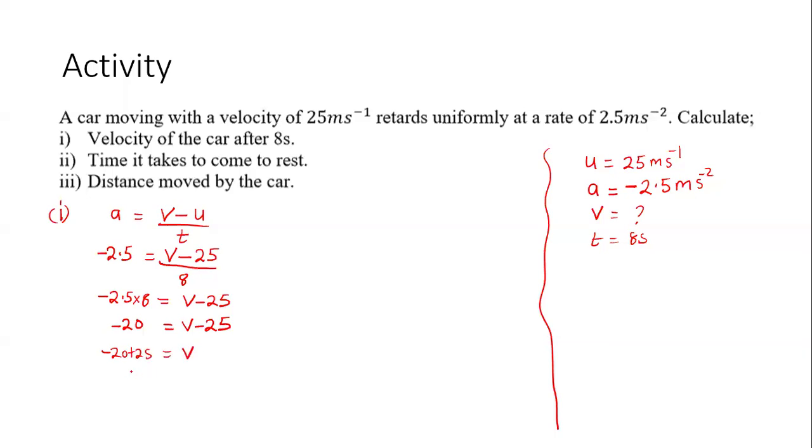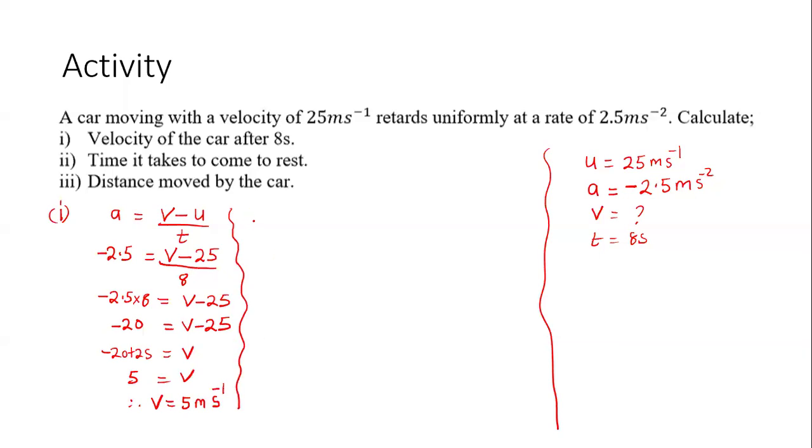So 5 is equal to our V. And what are the units? 5 meters per square seconds. Oh, velocity is not per square, it is per second. Oh, sorry. Is that okay? Yes, that's what I have.